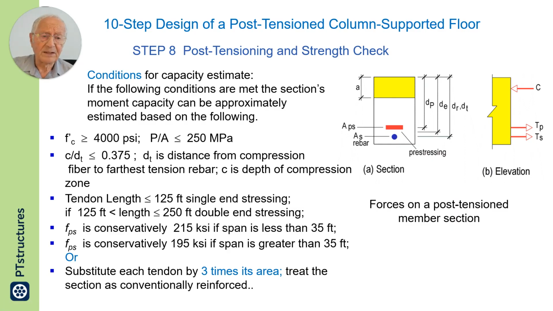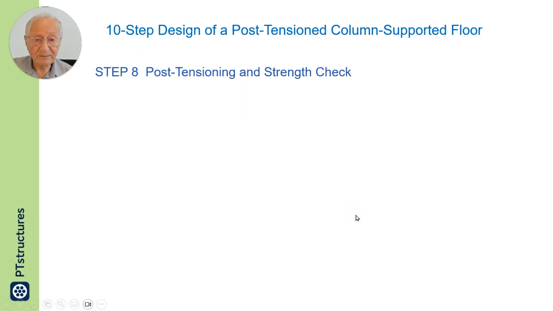You estimate the capacity assuming that the tendon is rebar, but its area is 3 times rebar area. Why this works? This works for ACI, but not for European code, because in ACI we have strict requirements to satisfy serviceability. And by the time you're done with serviceability, most probably you have more post-tensioning and rebar than is needed for safety.